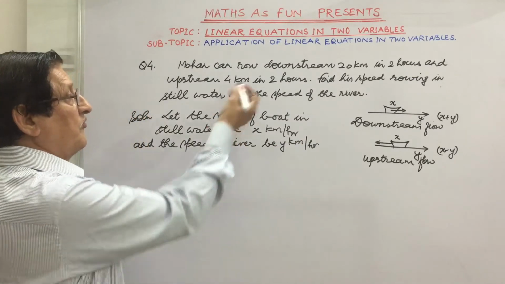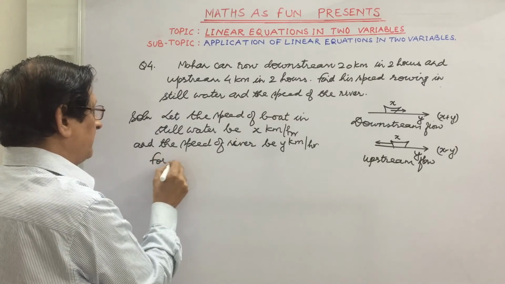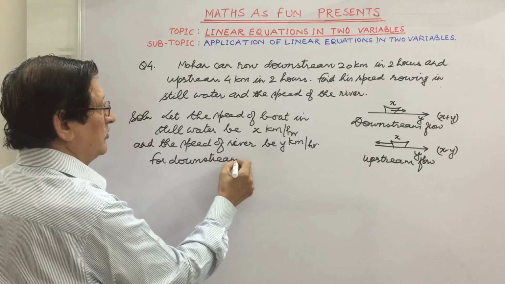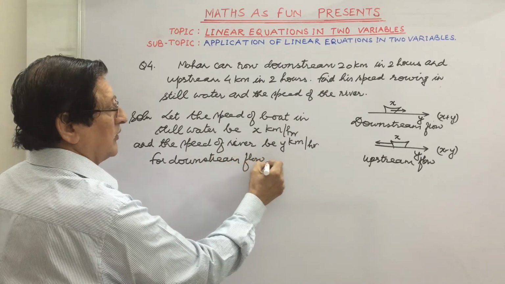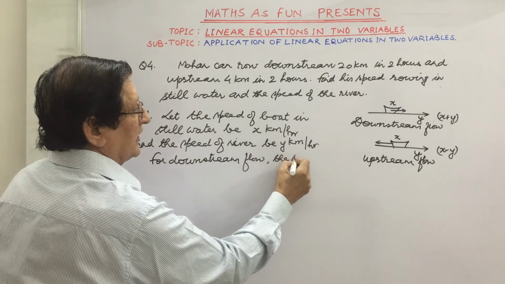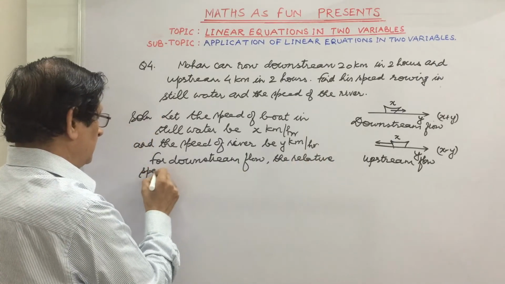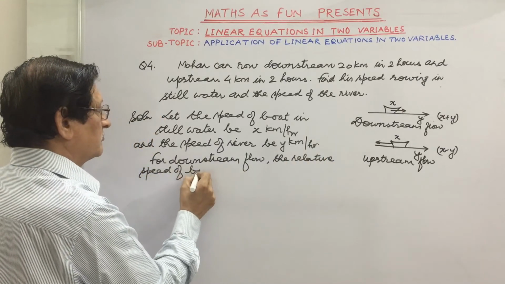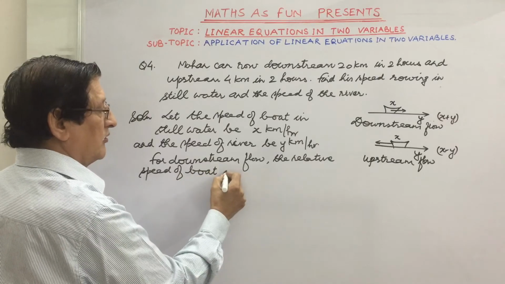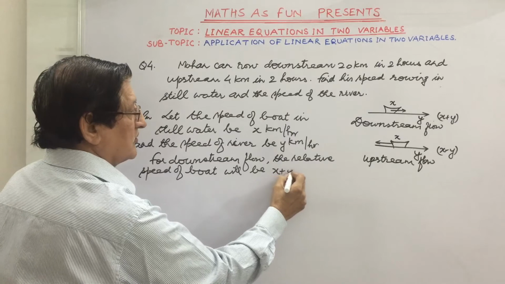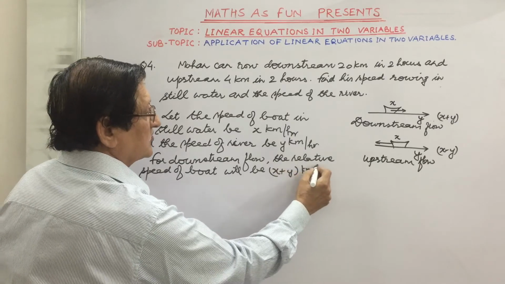Then we know for the downstream flow, the relative speed of boat will be x plus y kilometers per hour.